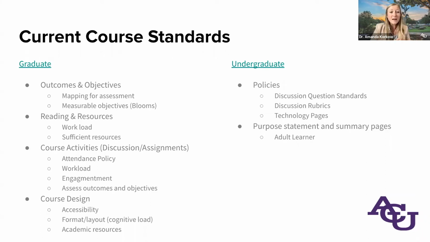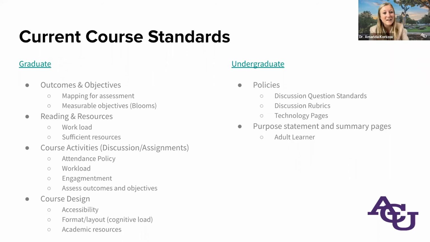And then we have a lot of those technology pages. And so we really try, especially in undergrad, to be really intentional about those policies, those procedures, what we're setting up for standards, to help our student, as likely they've been unsuccessful in school in the past, and we want to try to be as clear and straightforward with them and not have them trying to scramble between multiple courses.